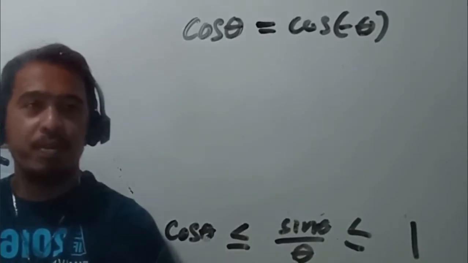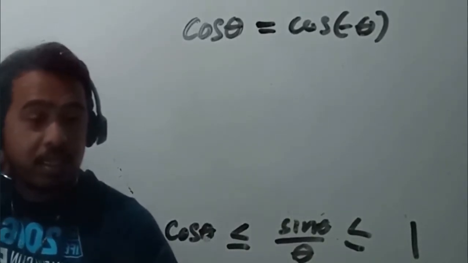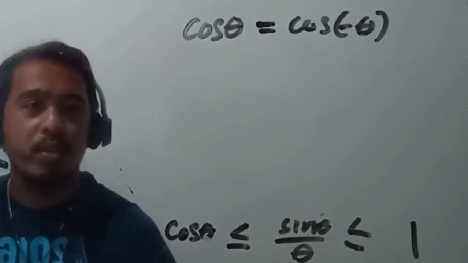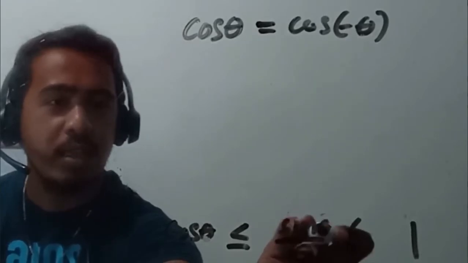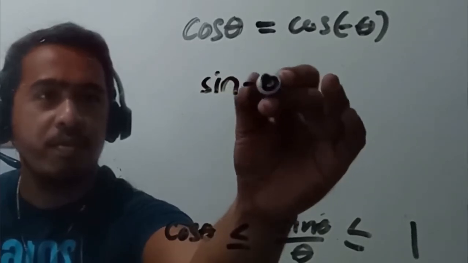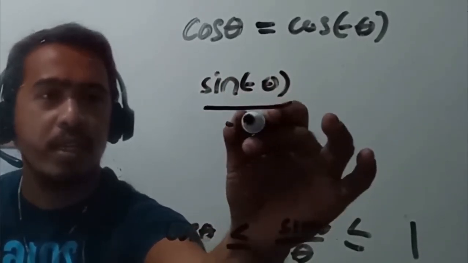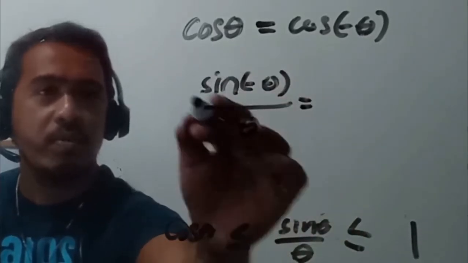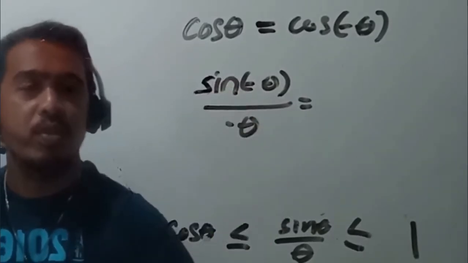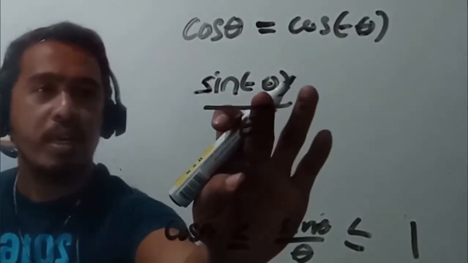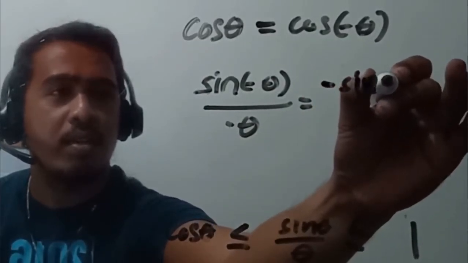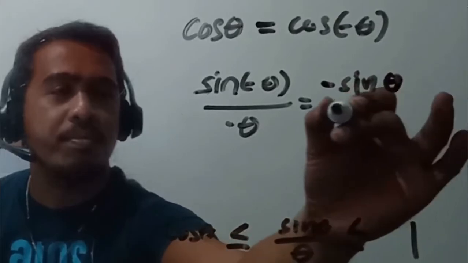And remember, sine theta is an odd function, just like tangent, but we will not be using the tangent. It means if you change this by negative, you will have sine of negative theta over negative theta. And remember, sine is an odd function, so if you change the input by its negative, it is just negative sine of your theta.